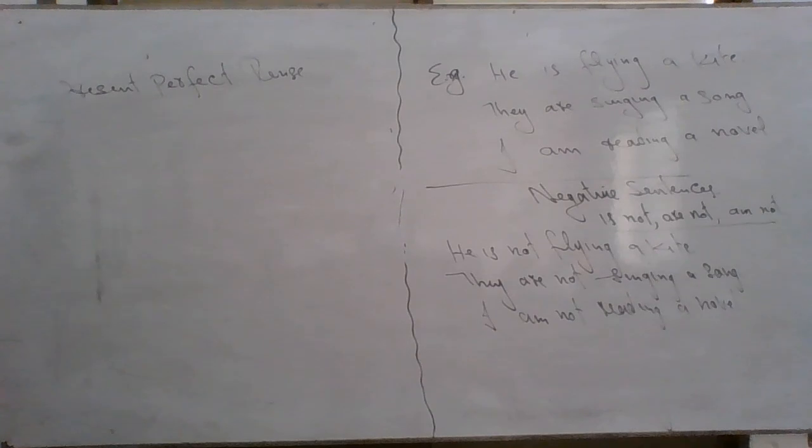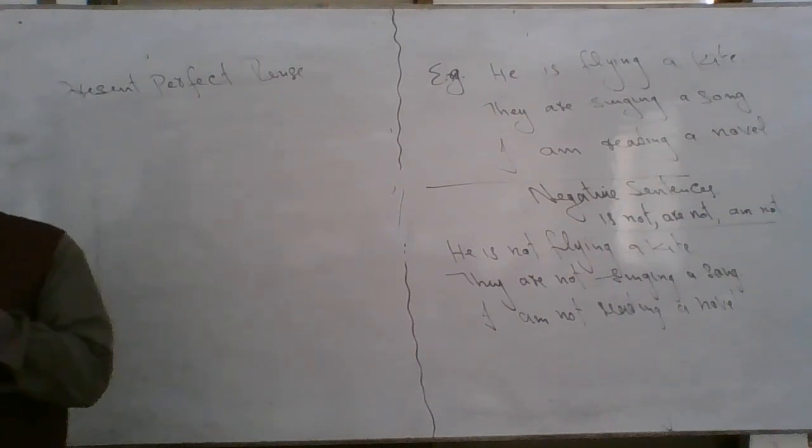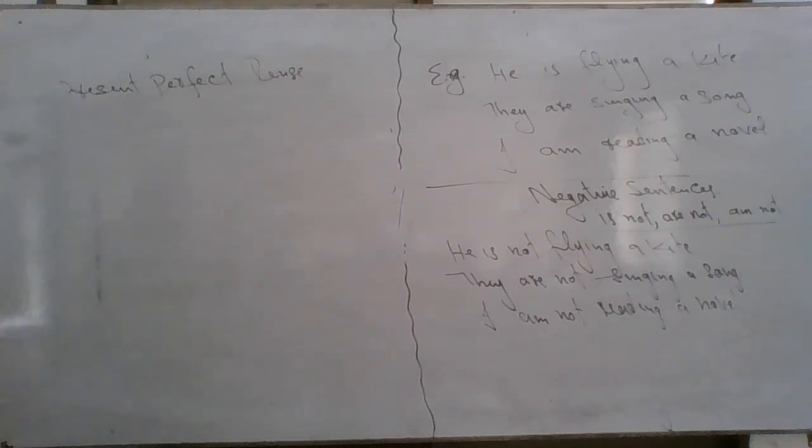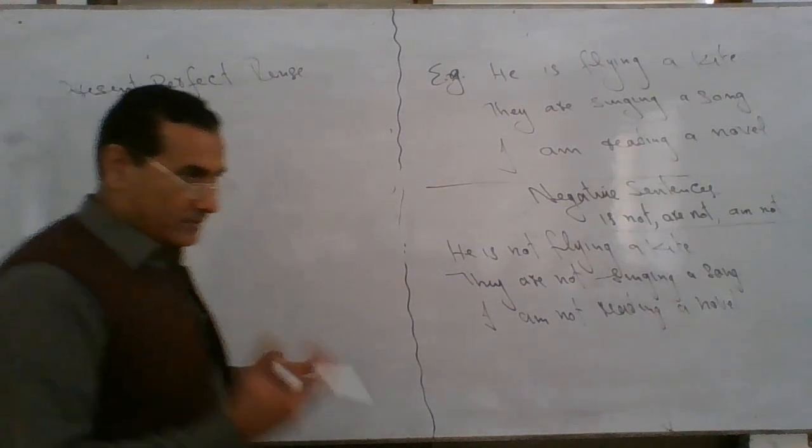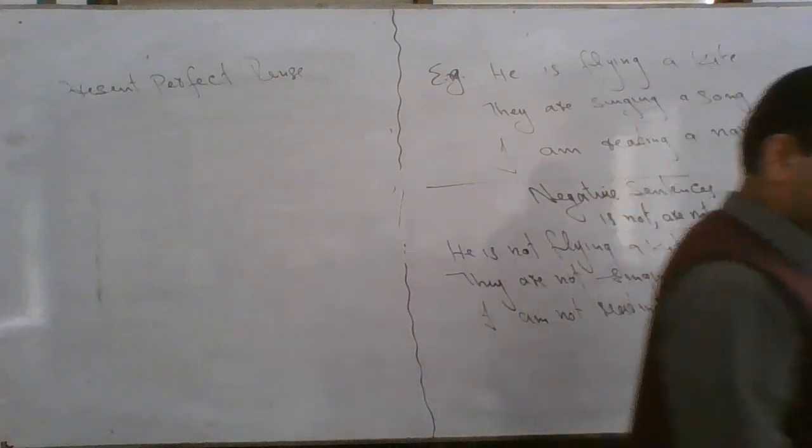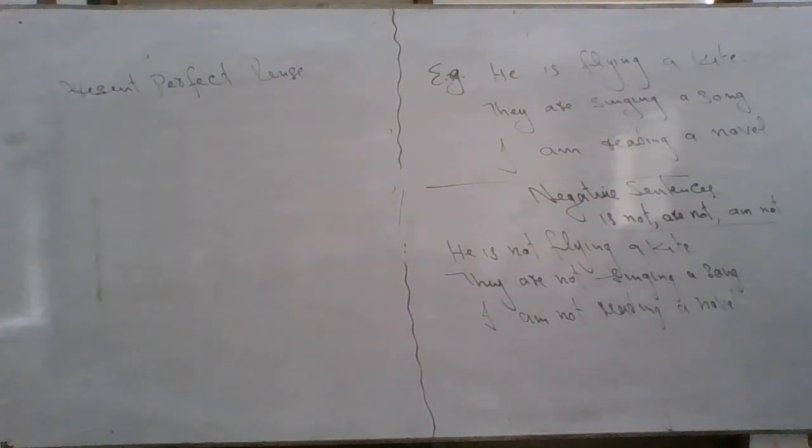Now, as I told you about the previous tense, where and how we can use it. So if we talk about present perfect tense, it is used for some event, for a work that started in the past and that has got an effect in the present also.